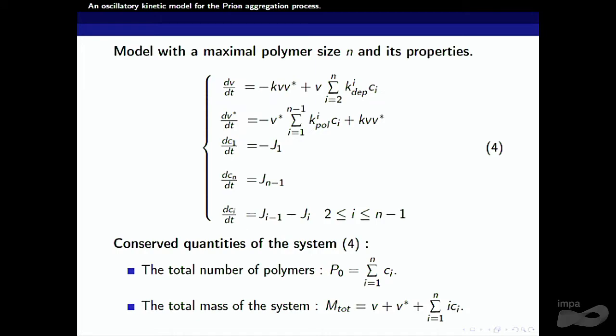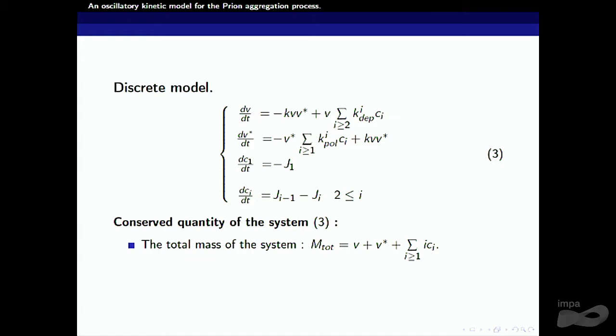So what we want to do is to study these systems. In order to study this system, we fix a maximal size. Actually, in these systems we didn't fix a maximal size, but that does not mean that a fibril can aggregate to infinity. It just means that we don't put a maximal size.